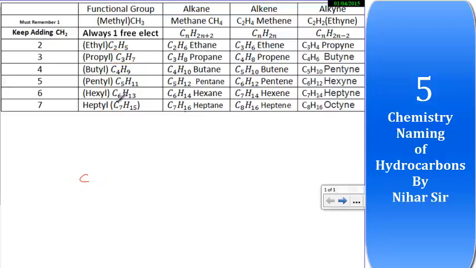Let's draw one more, for C7H15. So C7: 1, 2, 3, 4, 5, 6, 7. Now I have 15 hydrogens.